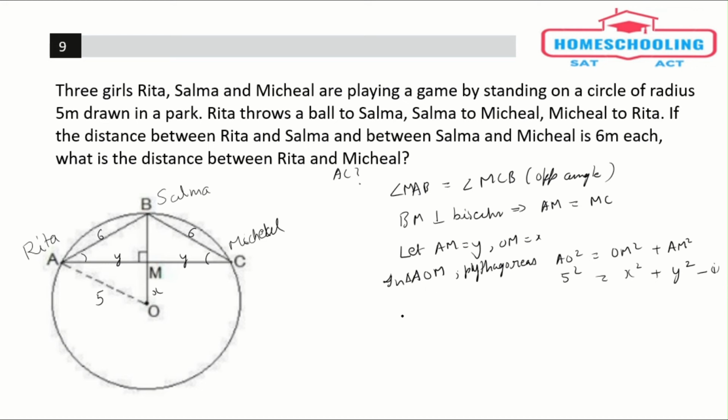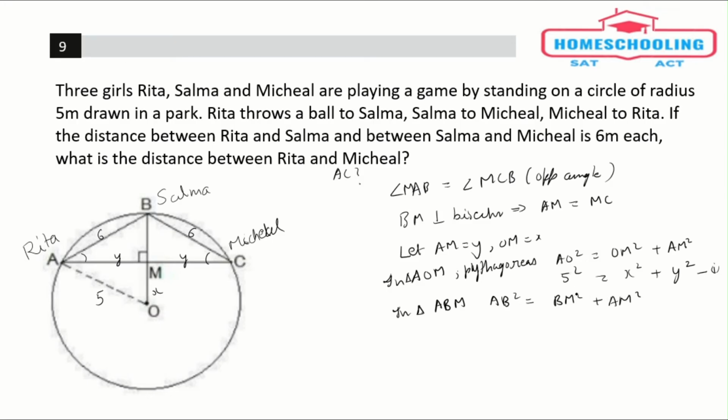Now let's take another triangle. In triangle ABM, if we apply Pythagoras theorem, AB square is equal to BM square plus AM square.